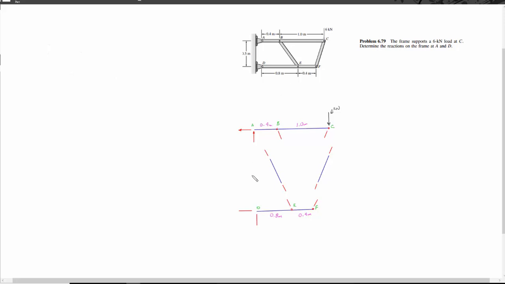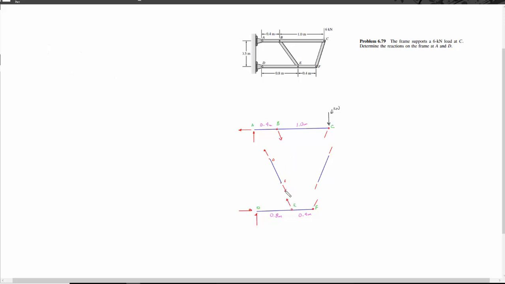And then DY and DX I'm going to do as typical, the way I do it. And then I'm going to go ahead and write down that BE, we'll say it's going to be acting this way. So this is also B, and this would also be E. And I'm going to go ahead and draw this like so.